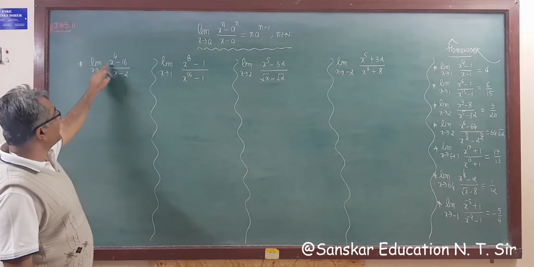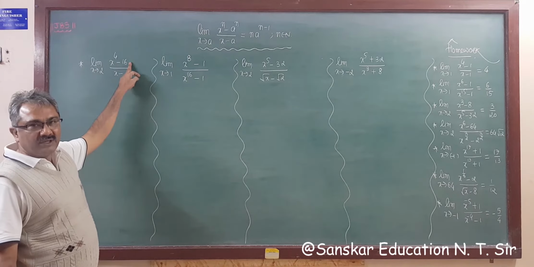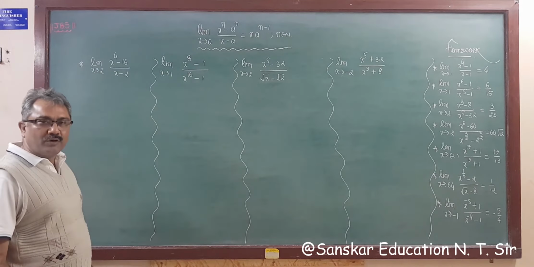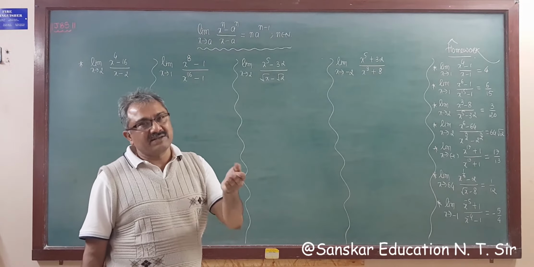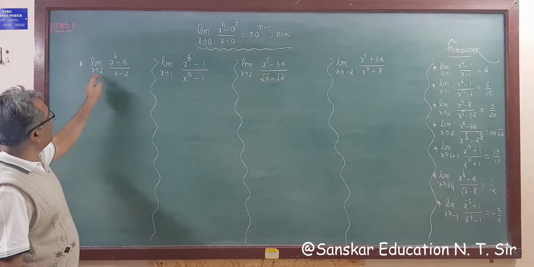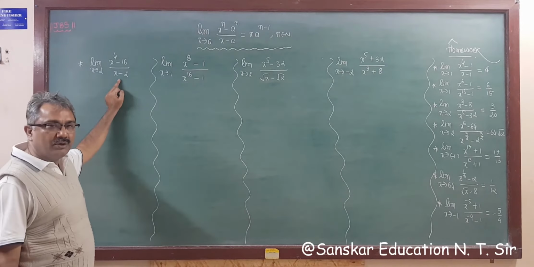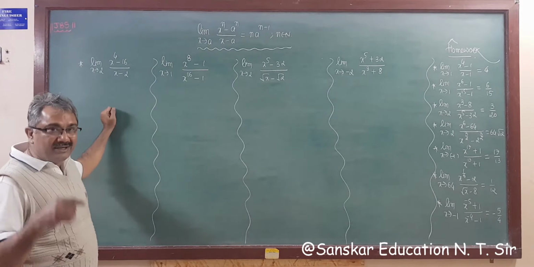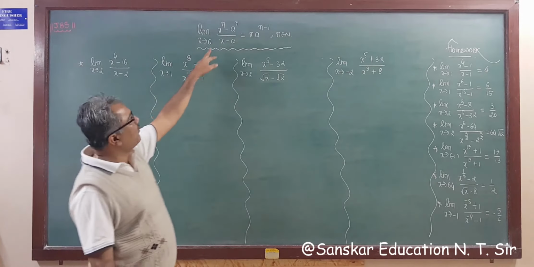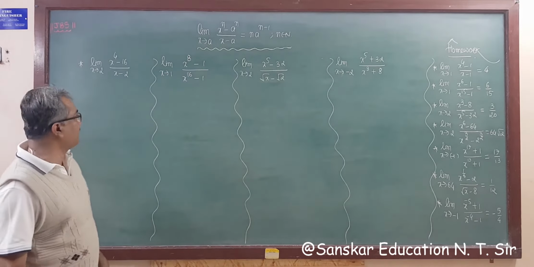Otherwise, you have x raised to 4 minus b raised to 4 formula. You have factors a minus b, a plus b, a square plus b square, and then remove your obstacles, x minus 2. You will get your answer. But you need more practice for this formula, so we are applying this formula.